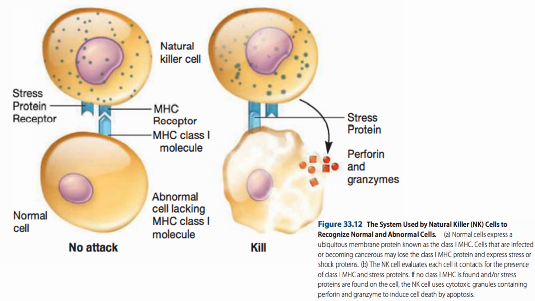If no class 1 MHC is found and or stress proteins are found on the cell, the NK cell uses cytotoxic granules containing perforin and granzymes to induce the cell's death by apoptosis.